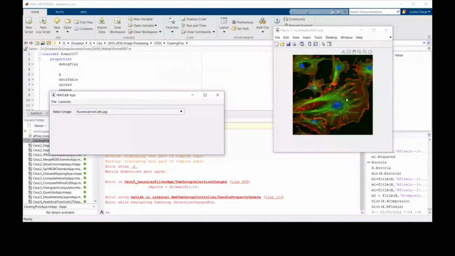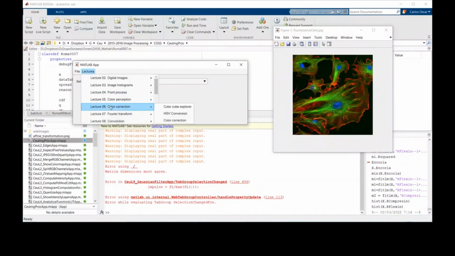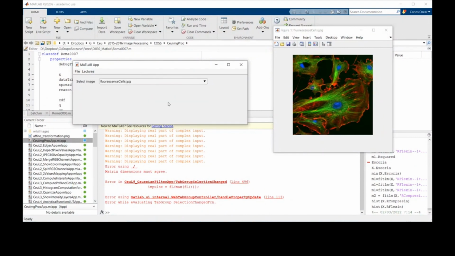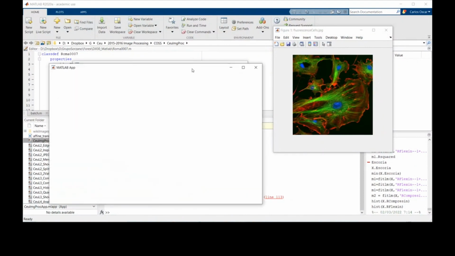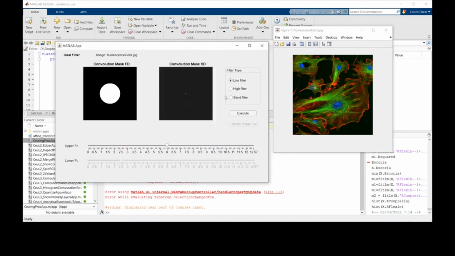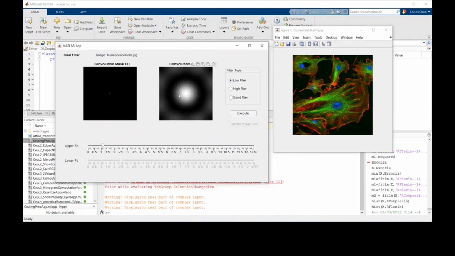Okay, so here we have our favorite image, and let's see frequency filters, ideal. So we can design low pass filters, for instance. We can define low pass filters, and then we have a cutoff frequency that we can add. You can see this is the impulse response, and this is frequency.